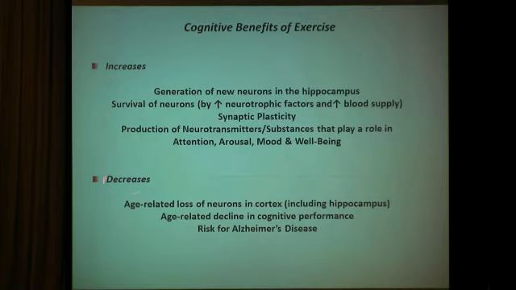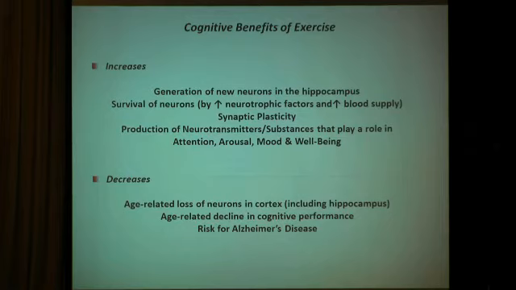So exercise decreases the age-related loss of neurons in the cortex, including the hippocampus. The age-matched control that I showed you next to the Alzheimer's brain, while it was much larger than the Alzheimer's, also lost neurons. Exercise helps mitigate against that, and against age-related decline in cognitive performance.